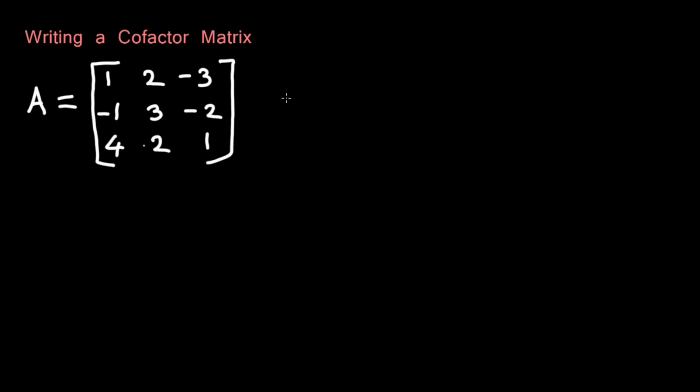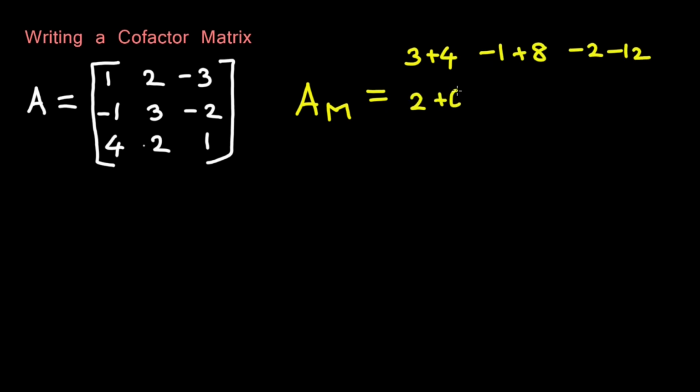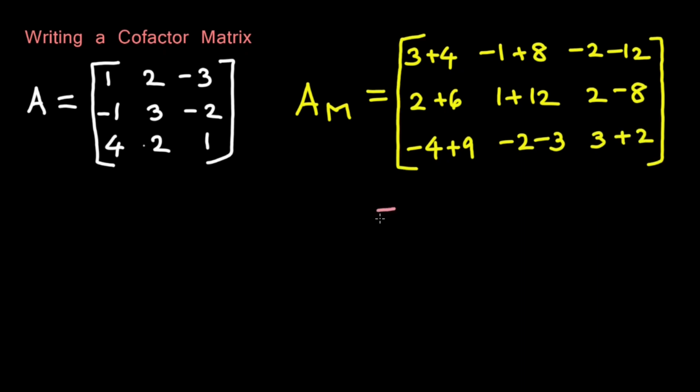First we will write the minors of the elements of this 3 by 3 matrix A. So the matrix of minors of matrix A will be 3 plus 4, then minus 1 plus 8, minus 2 minus 12, 2 plus 6, 1 plus 12, 2 minus 8, minus 4 plus 9, minus 2 minus 3, 3 plus 2. So which will become 7, 7, minus 14, 8, 13, minus 6, 5, minus 5 and 5.